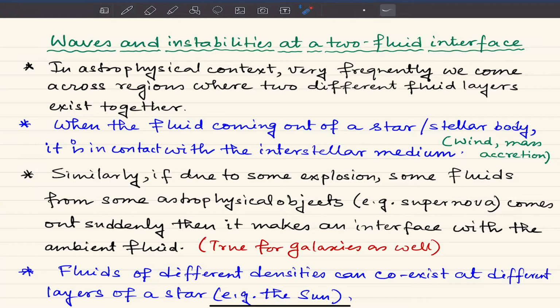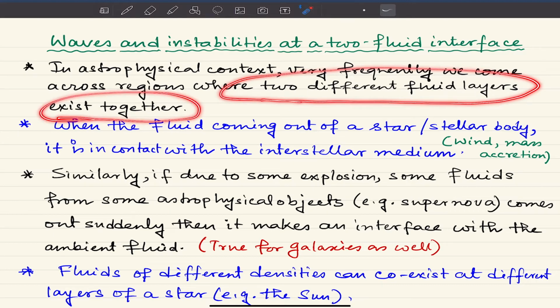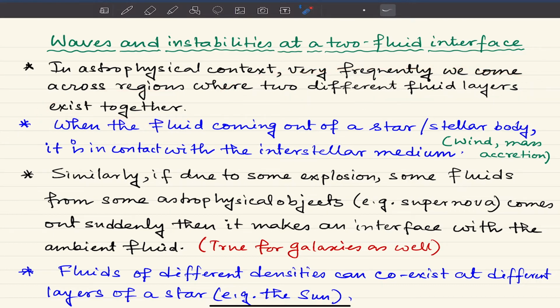In the astrophysical context, very frequently we come across regions where two different fluid layers coexist, and that defines what we call a two fluid interface.